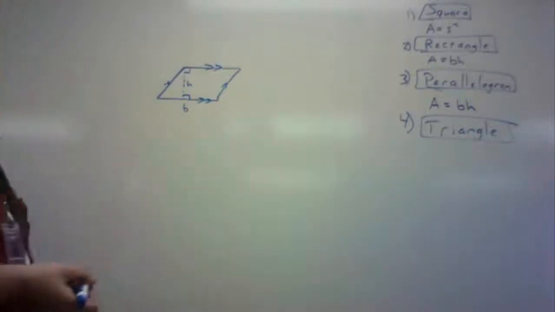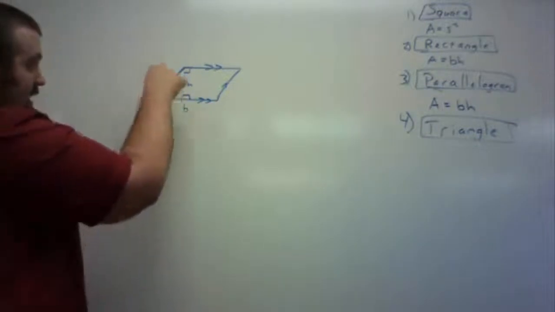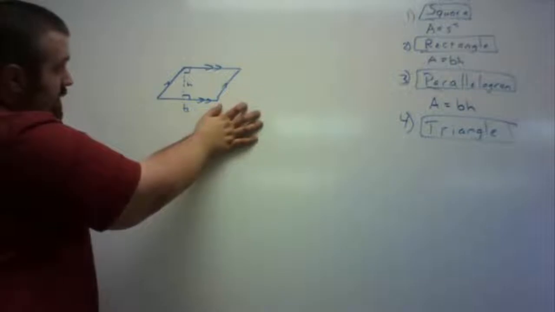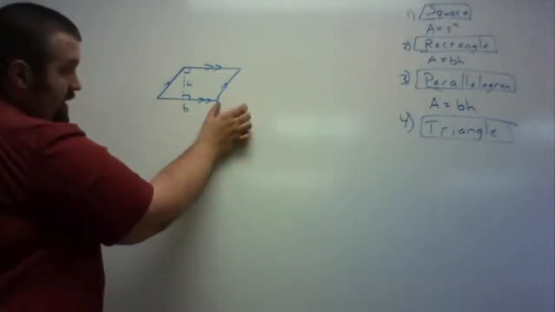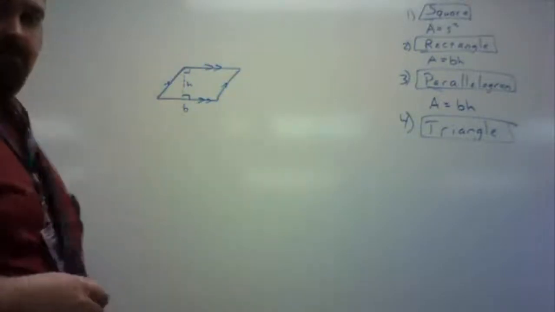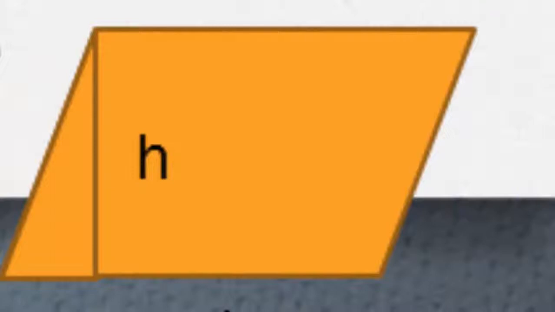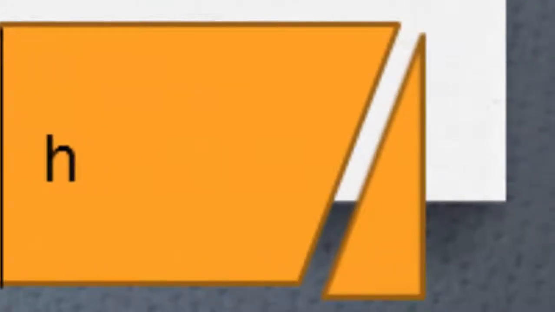Well, what would happen if I literally cut this board right here, cut out that triangle, and then I put that triangle right over there? Well, it would just so happen that that triangle would fit perfectly, and this would form a rectangle. A little bit of a justification is in here. If I take the triangle on the left side that you can see, and I were to shift it over like that, that connection right there, if I would slide it up into the slot, would fulfill it to be a rectangle.